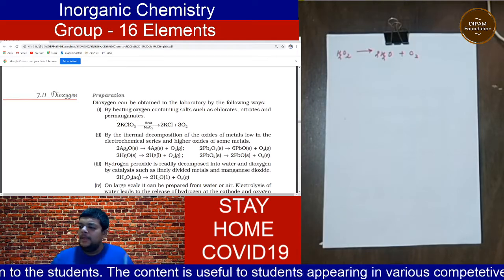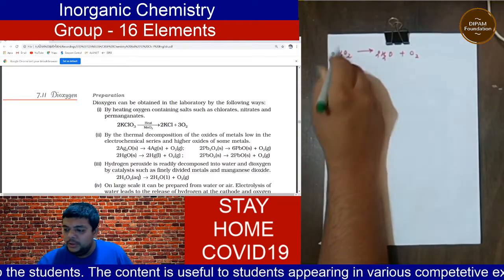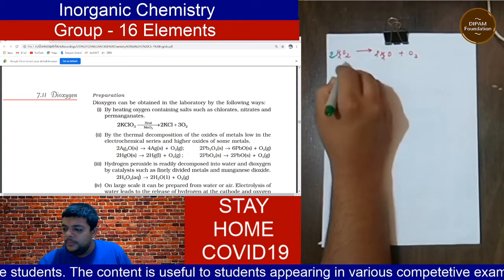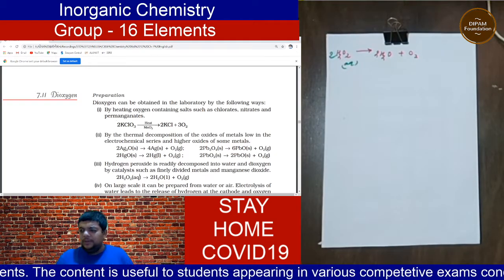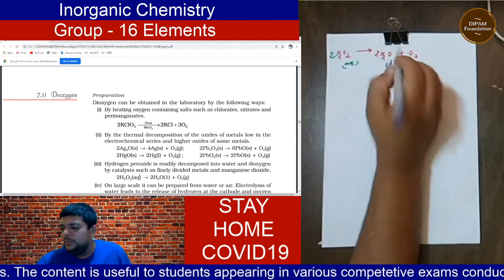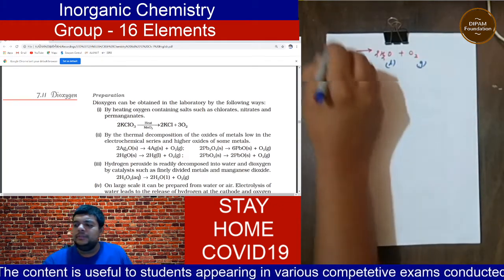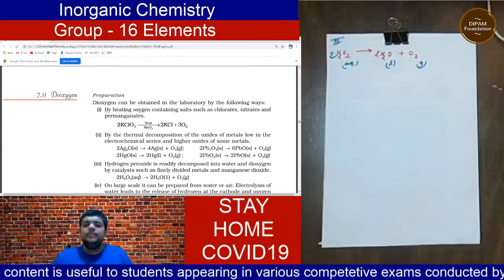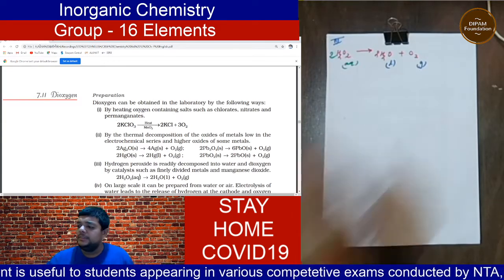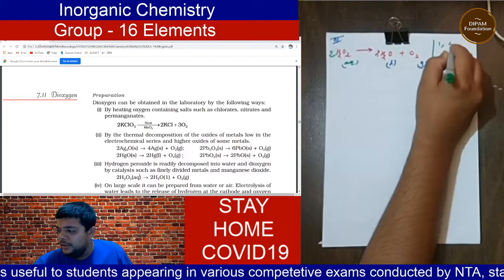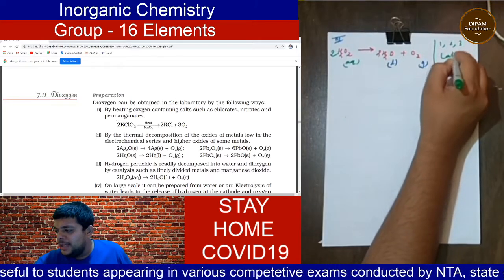Over here hydrogen peroxide is 2 moles, so it's always in an aqueous form because we know it is either 30% or 40%. It gives you liquid and gas. This is how the third important reaction occurs. So these are the three reactions which are lab scale reactions.